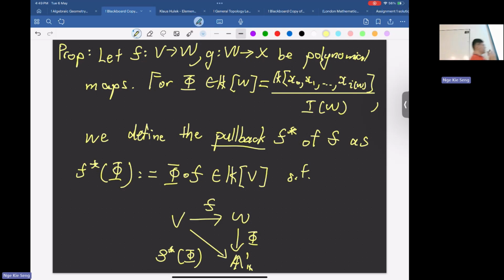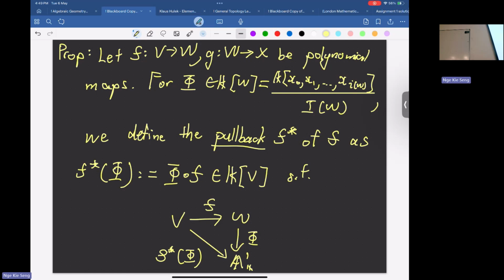Okay, pullback of F. Actually, you come out of pulling back the domain of phi here. Phi starts from W, but you pre-compose with F, then it starts from V. So it's kind of like pulling back the domain of the function you input.